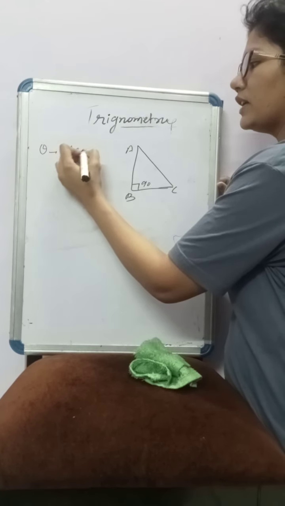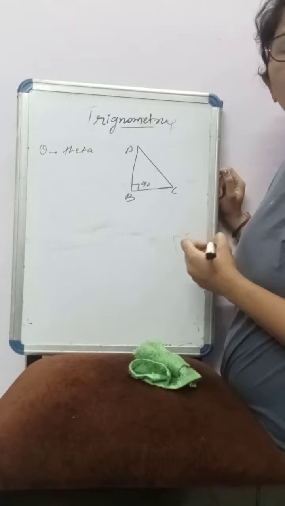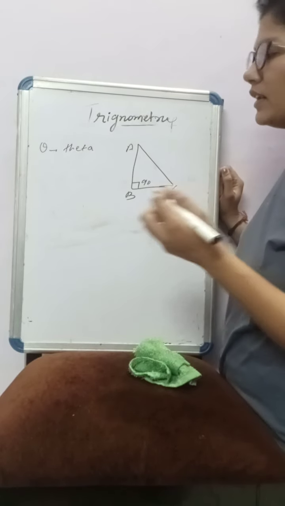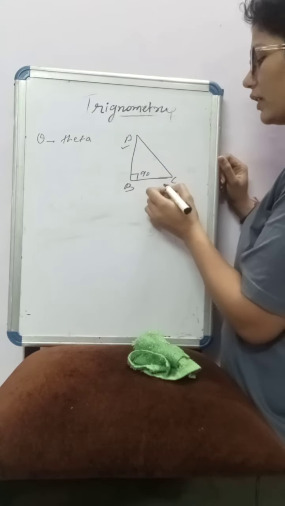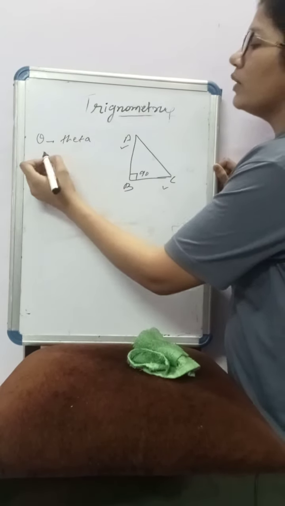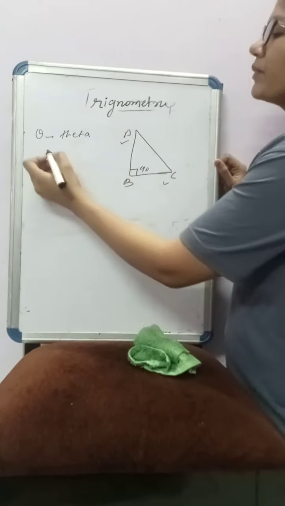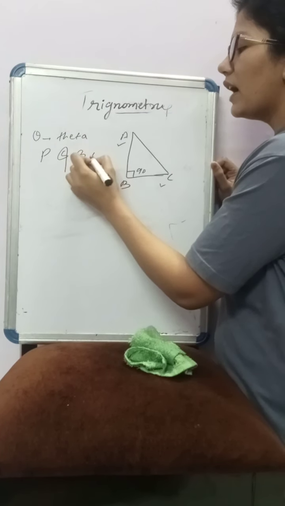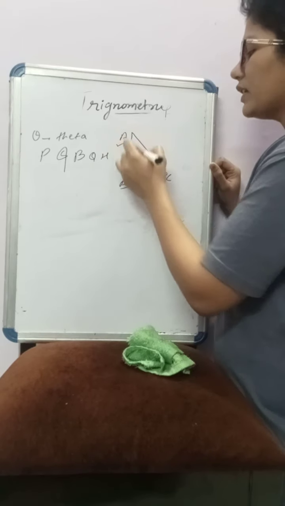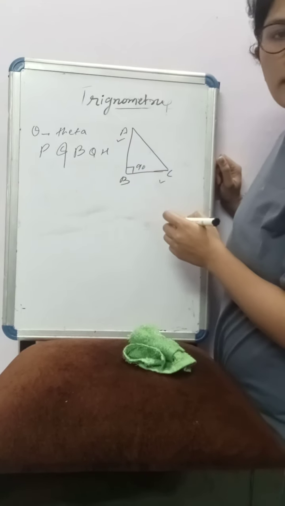Theta is a Greek letter that stands for the acute angle of a triangle. The acute angle may be A or it may be C. In a right angle triangle, there is a perpendicular, a base, and a hypotenuse. The hypotenuse is fixed, which is opposite to 90°.